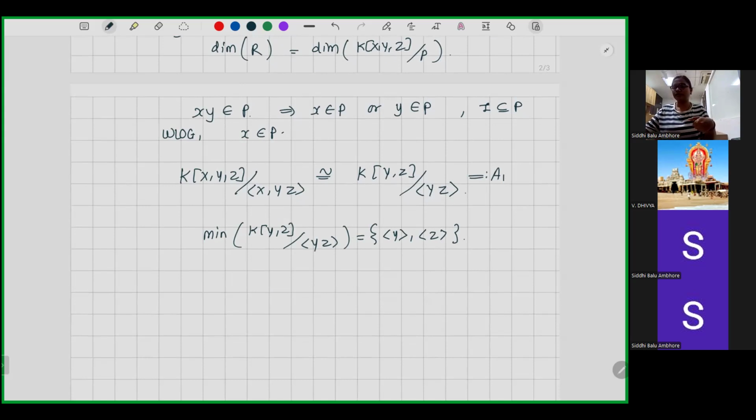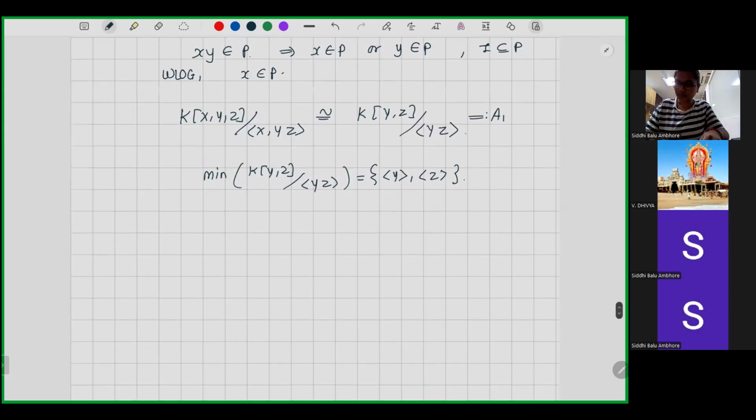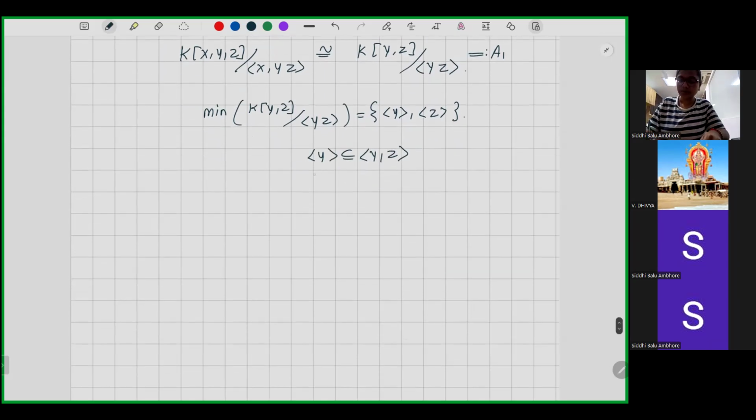And so these are the minimal primes. What I can say is that the dimension of this ring will be 1, because I have this minimal prime contained in (y, z). So when I look for the chain of prime ideals, this is my P0, which is contained in P1.